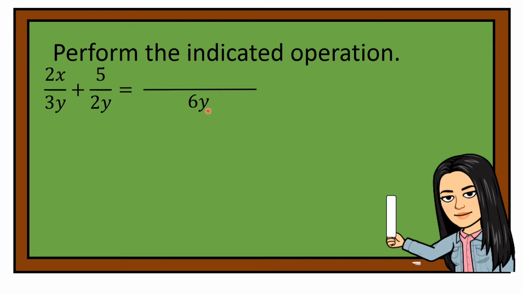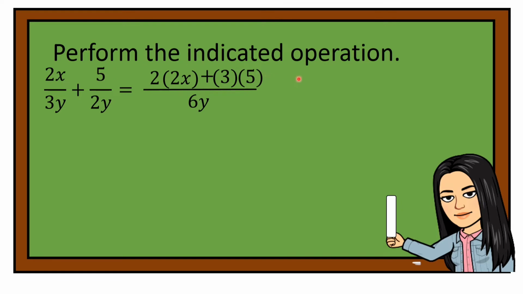Then divide the LCD by the first denominator, which is 3y. So the quotient is equal to 2. And then the quotient will be multiplied to the numerator, which is 2x. Next, copy the operation, which is addition. And then divide 6y by the second denominator, which is 2y. So the answer is 3. And 3 will be multiplied to the numerator of the second fraction, which is 5.